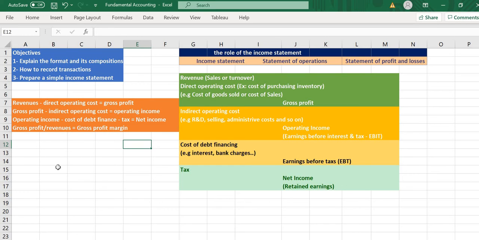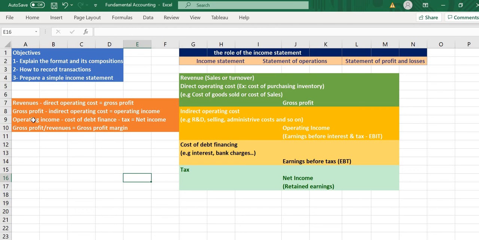So let's remember, gross profit here equals revenue minus direct operating costs. We're gonna have gross profit. Gross profit minus indirect operating costs. This includes R&D, selling, administrative. We have operating income.